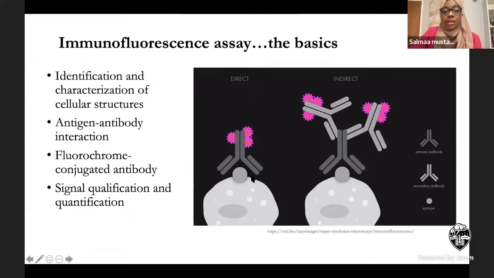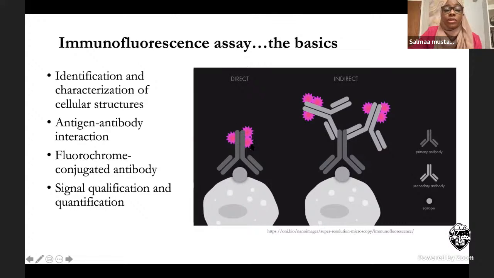For the direct method, you have your cell of interest, and then you have a particular protein structure that's expressed by the cell, either within the cell or on the plasma membrane. And then you get your antibody that reacts against that epitope of the antigen.